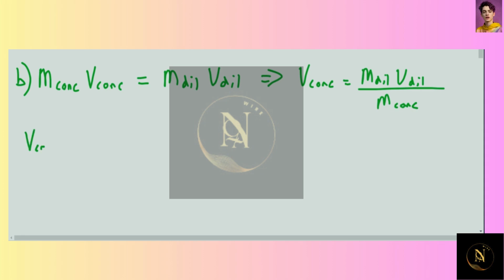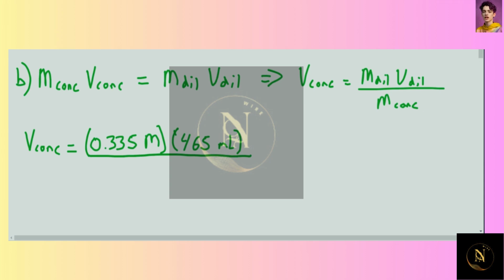So volume of the concentrated solution is going to equal 0.335 molarity, which is the target concentration, and the target volume is 465 milliliters. And the initial concentration is 1.25 molarity.